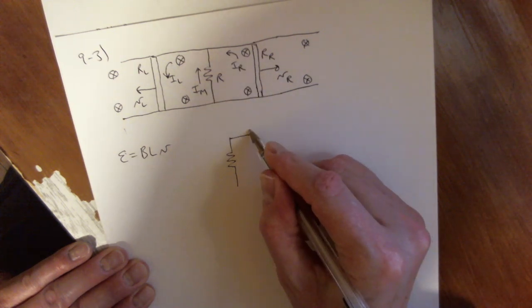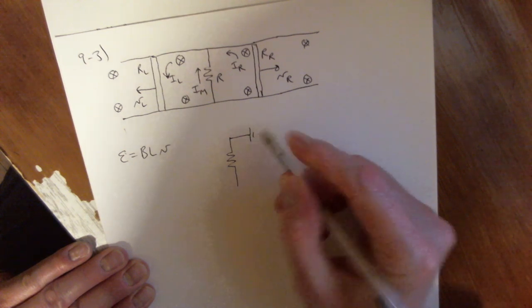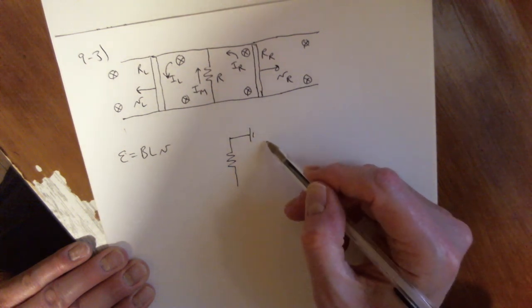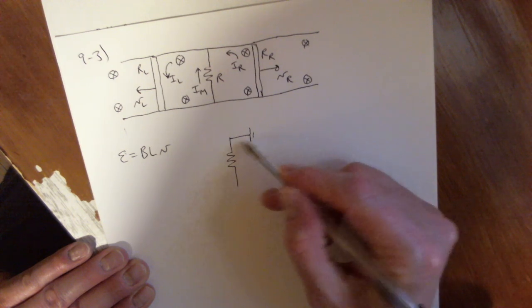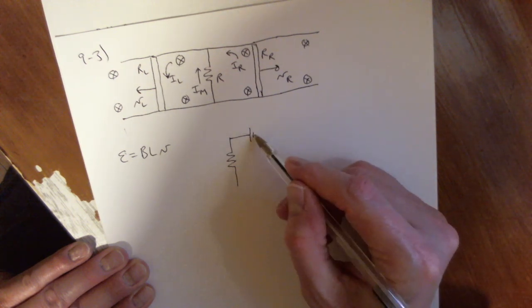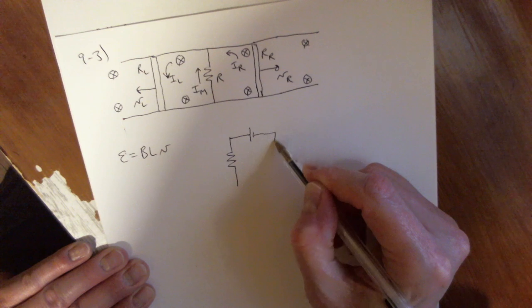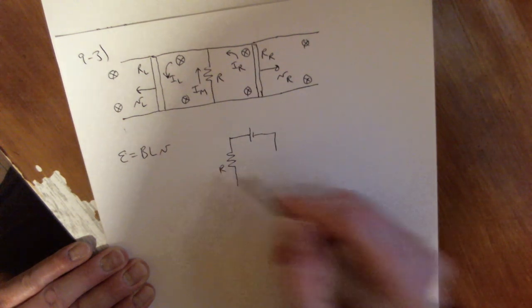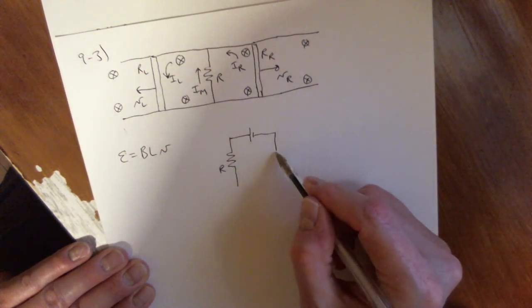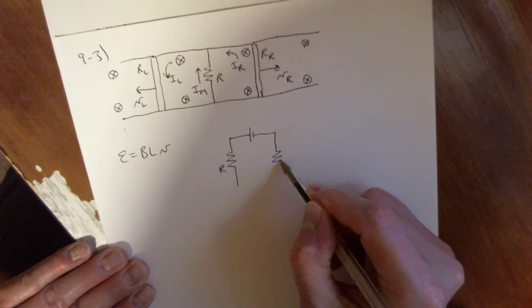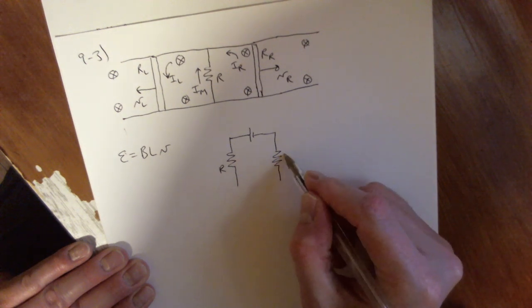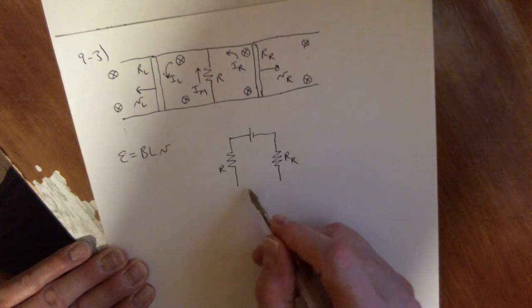So it has a positive side on the left because the current's going to the left in this top portion. And this bar I can represent as a resistor with resistance R, right.